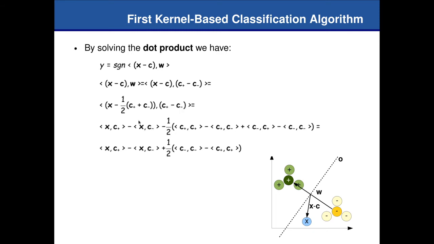Carrying on, I can just distribute this term. This will be this term over here, inner product by this, and this term over here, inner product by this second term. But here I just decide to open it in 4 terms. So over here I just use the minus 1/2, and use C plus inner product C plus.